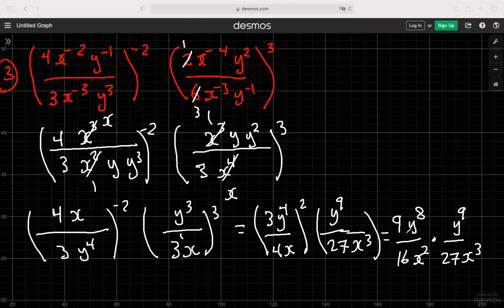Now when we multiply, we could reduce the fraction. 9 goes into itself once, it goes into 27 3 times, and therefore my final answer would be y to the 17 all over 3 times 16 is 48, and x to the 2 times x to the 3 is x to the 5. So we have y to the 17 over 48 x to the 5. So y to the 17 is on top, and on the bottom is 48 x to the 5. And that's the final answer.